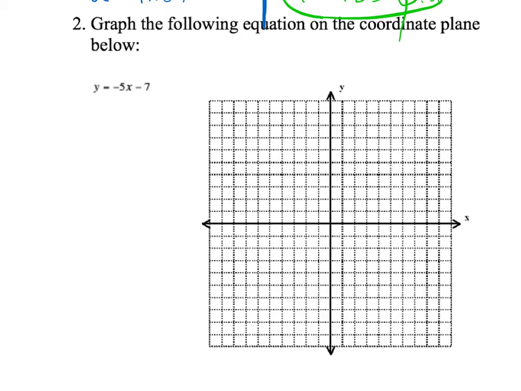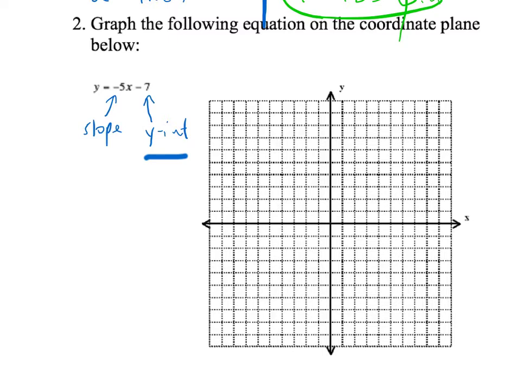All right, if we're graphing this equation, we're going to use the fact that this is the slope and this is the y-intercept. So we start with the y-intercept, which is at -7.